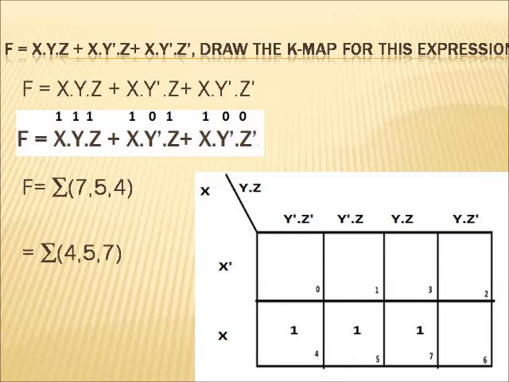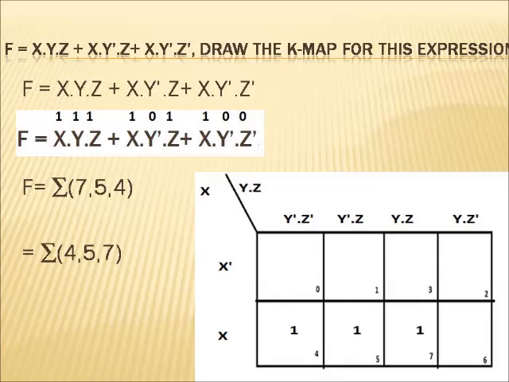I am putting the values of x, y and z above the expression. In the first term all the values are 1. Consider the second term, x.y'.z: x means 1, y bar means 0, z means 1, so 1 0 1. The third term is x.y'.z', which can be written as 1 0 0.